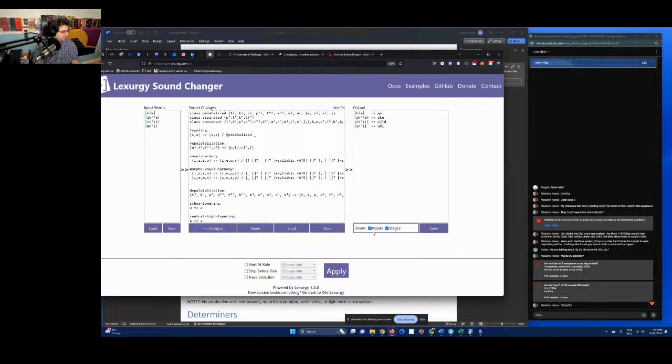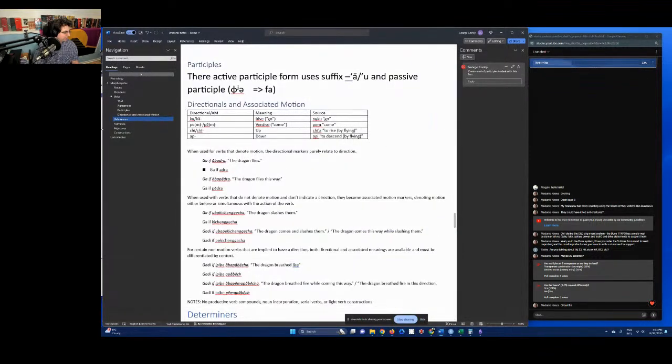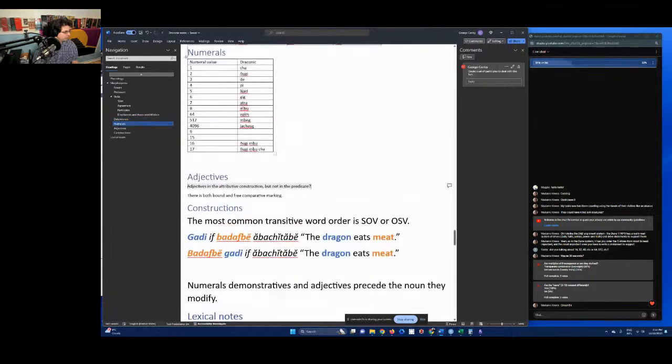There we go. Now it looks right. Did that affect any of my numerals? No, they were all harmonized anyway.